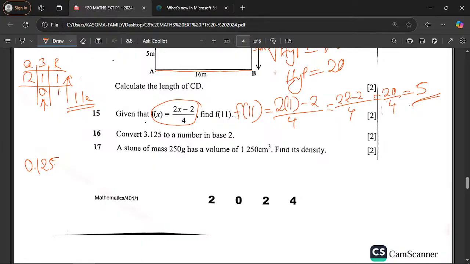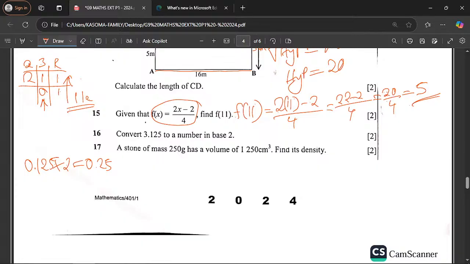We come to the decimal numbers, these fraction numbers. To convert a fraction or decimal number into base 2, we are going to multiply these numbers by 2. When we multiply this by 2, it will give us 0.25.